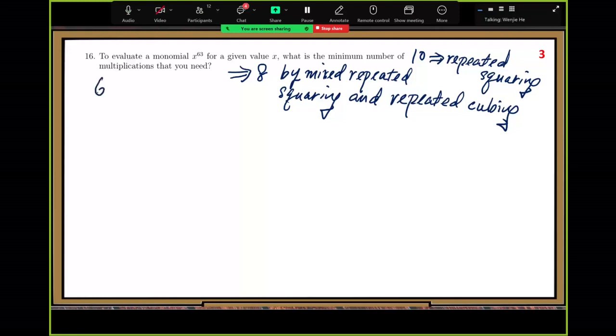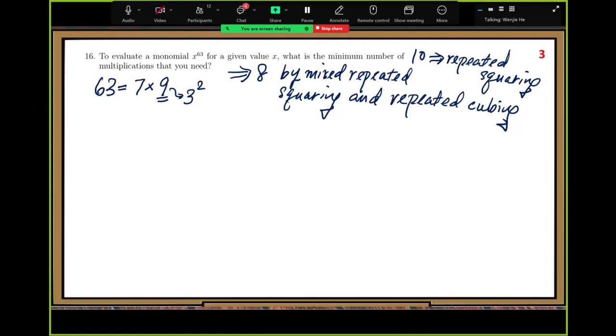Look at this 33, this special number: 7 times 9. This 9 is 3 squared, power of 3. If that number gives you a lot of power of 3 factors, then it's very likely the repeated cubing can do better than repeated squaring.